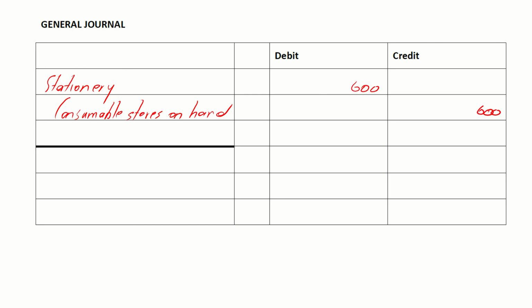So this is the reversal of consumable stores that were not used from last year. We need to expense it because that opening balance wasn't supposed to have made it to the end of the current financial year as an opening balance. It was supposed to have been expensed during the year. As a matter of fact, it was supposed to have been expensed right at the beginning of the financial year.